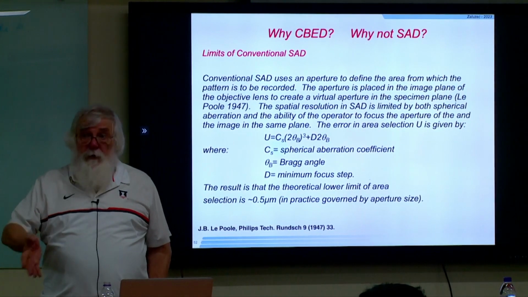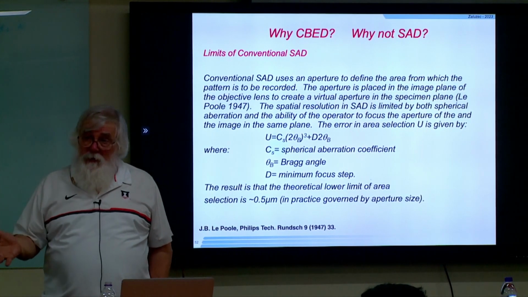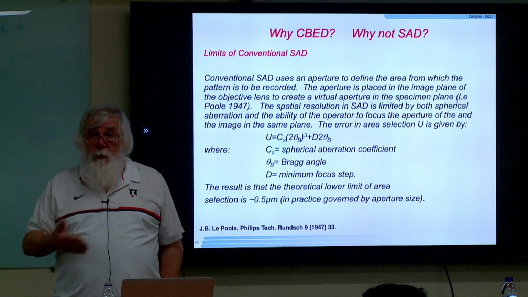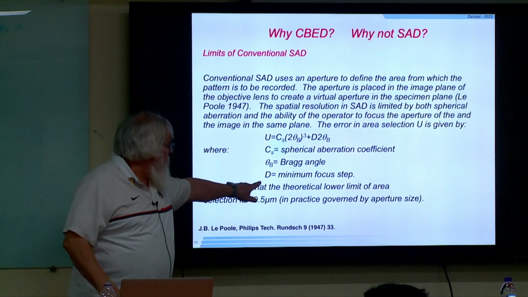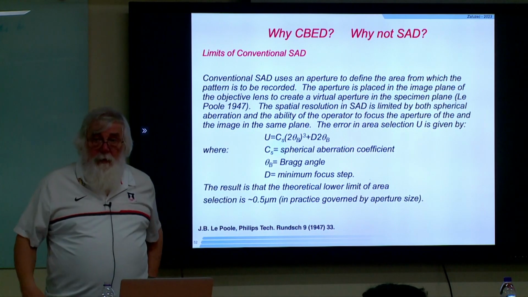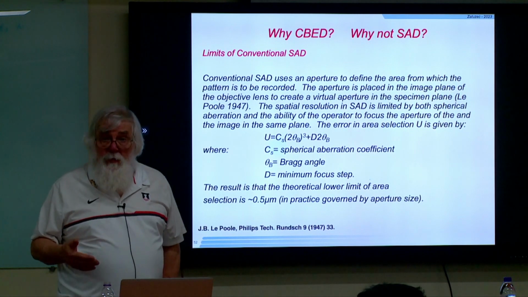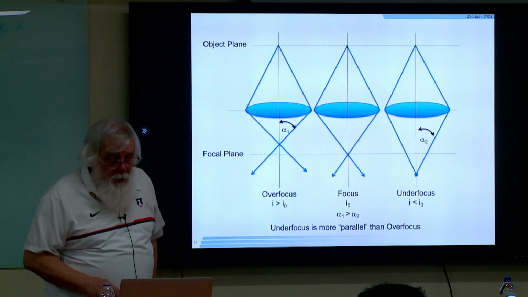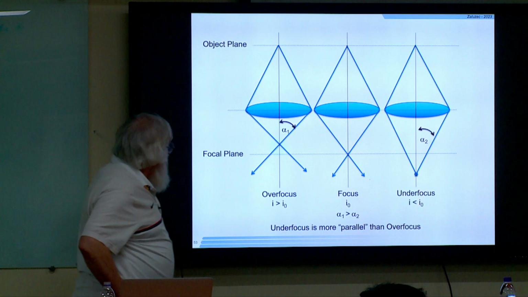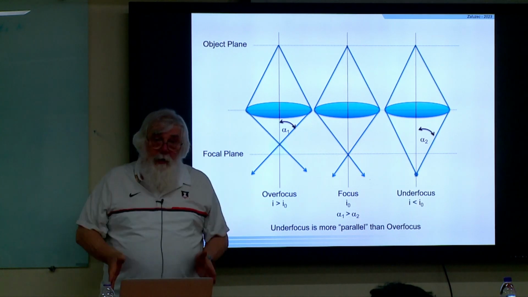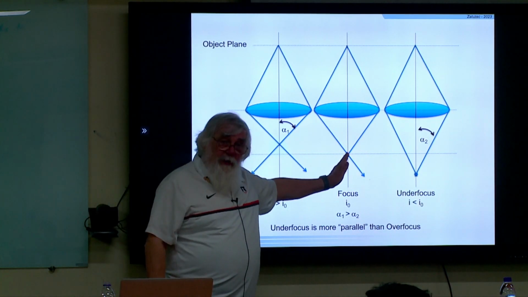If that's good enough for you, select area diffraction is fine. There's nothing wrong with it. In the real world nowadays, half a micron is pretty big, and we want to do a tenth of a micron or smaller. So instead of going with a parallel beam, we're going to focus our probe down.